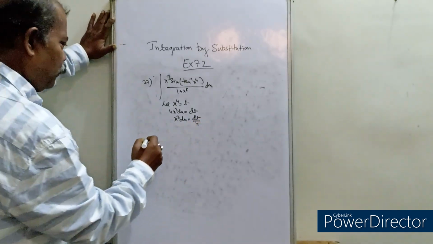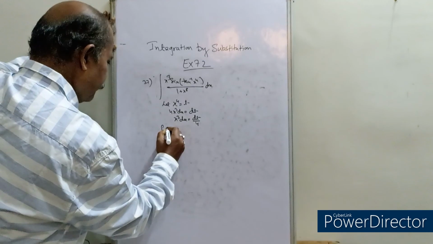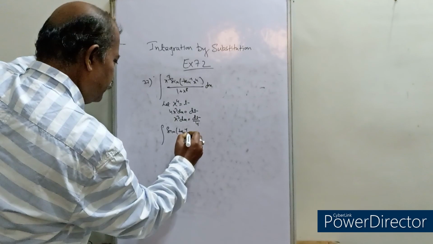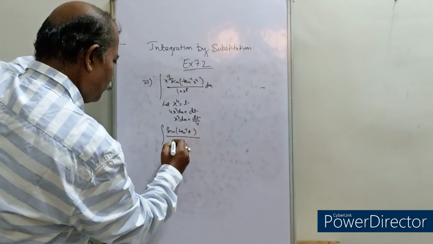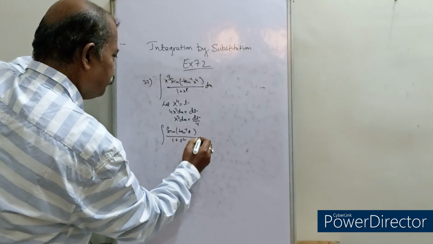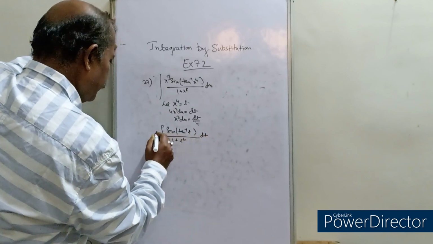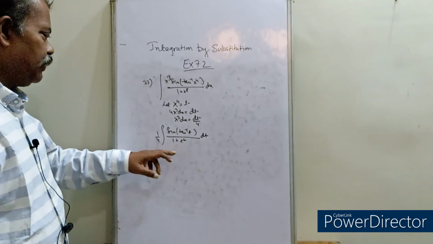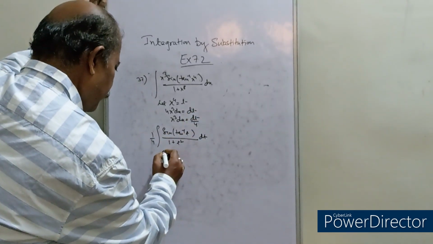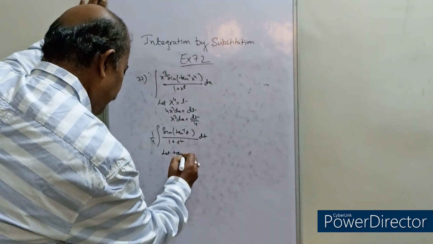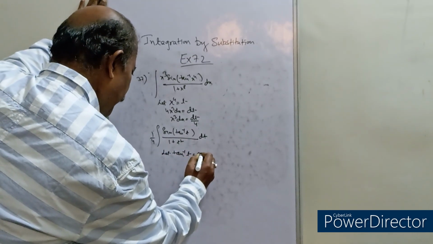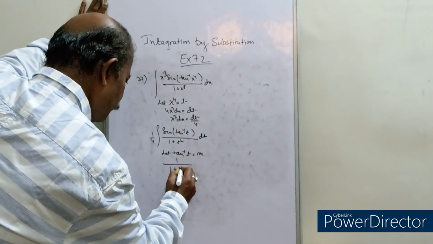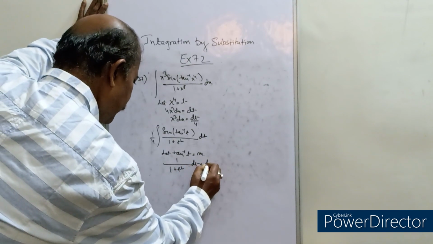Now your question reduces to sine of tan inverse t divided by 1 plus t square, and dt by 4, that means 1 by 4. Now the second part is that again I have to suppose this tan inverse t. So let tan inverse t be equal to m. When I differentiate it, I get 1 by 1 plus t square dt is equal to dm.